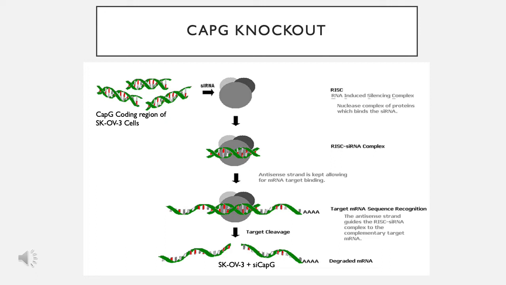A mutant was created that had the CapG gene knocked out using siRNA, or small interfering RNA. The siRNA has affinity for the coding region of CapG, and when bound, cleavage is induced where the siRNA is bound. The knockout cells that result from the siRNA transfection are referred to as SKOV3 plus siCapG.